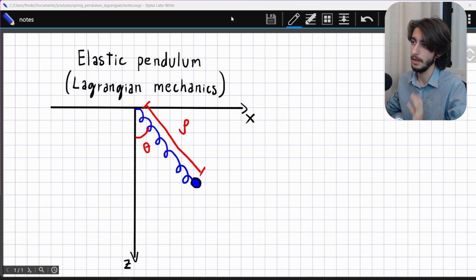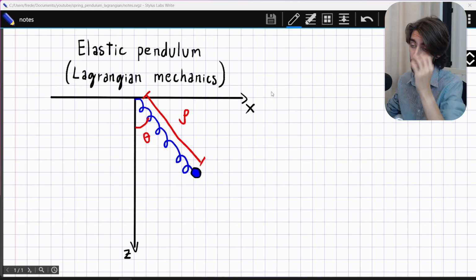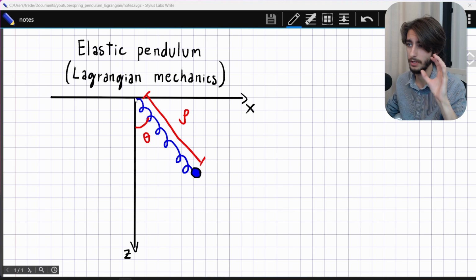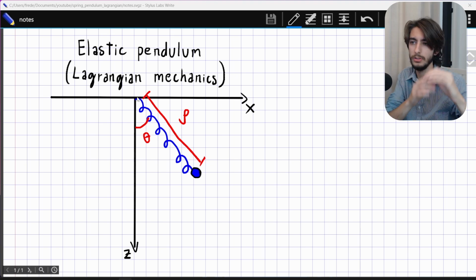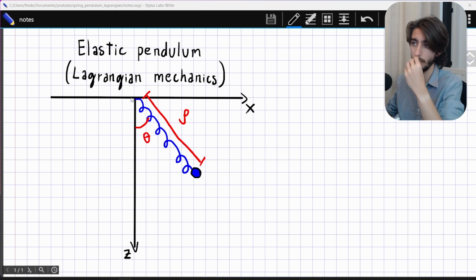So let's start. I've drawn here a little diagram of our system. I put the origin of the coordinates at the point where the spring is connected. That's not moving, that's not going anywhere. So we have the x-axis going horizontally and the z-axis not going up, but going downwards.